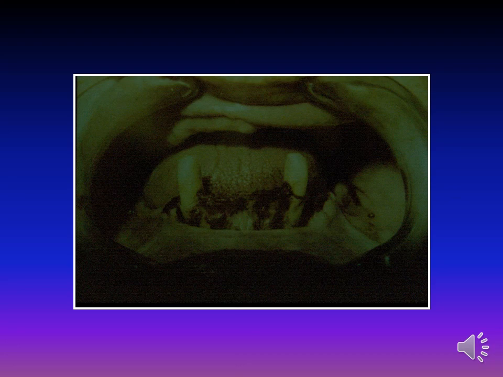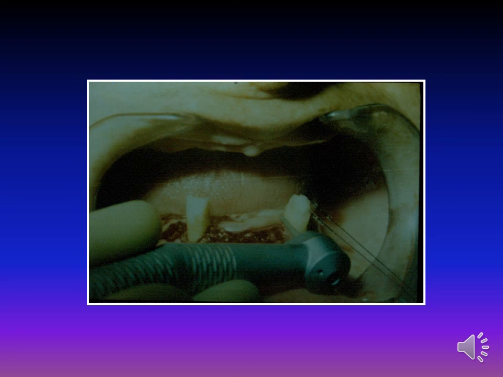Here we make a flap and then make root canal treatment and reduction. In the replantation, we remove the tooth and do the root canal outside the oral cavity, and then replant it again in the oral cavity.